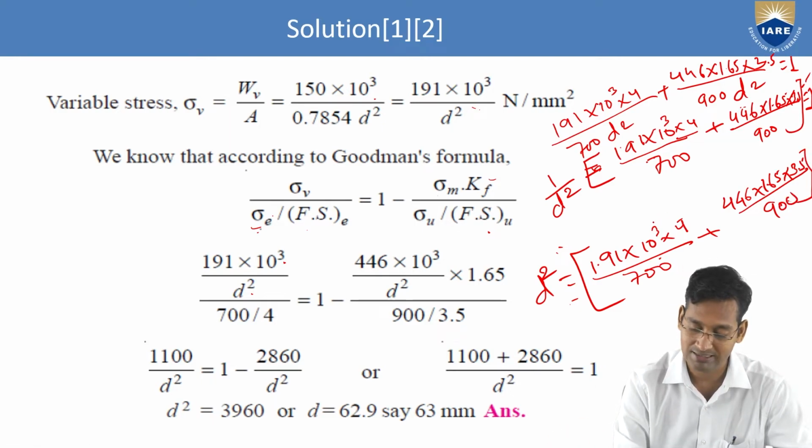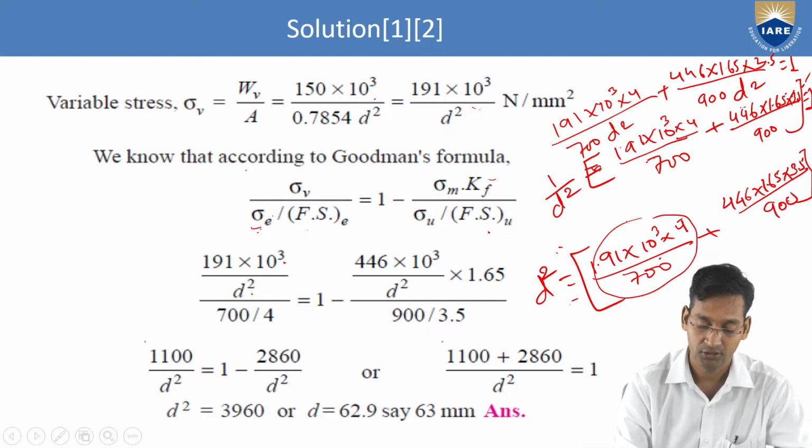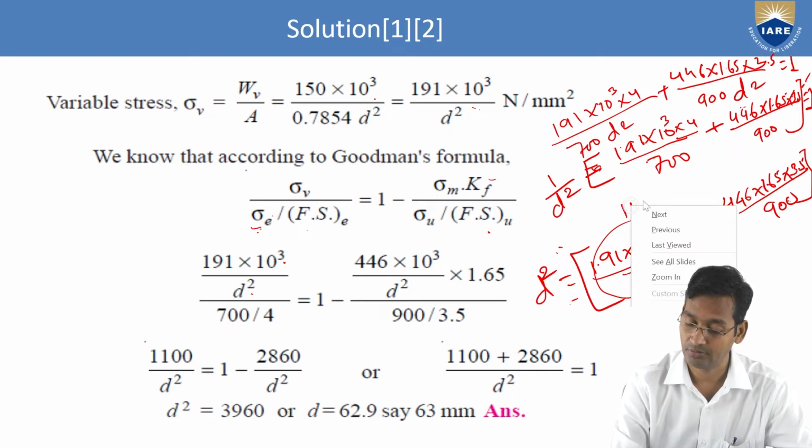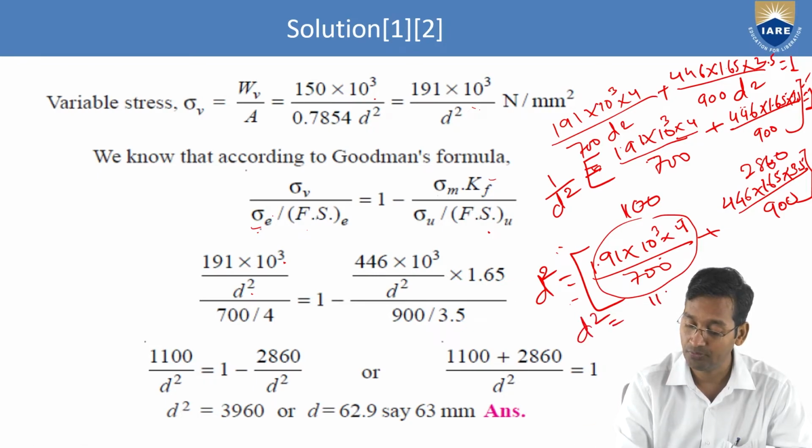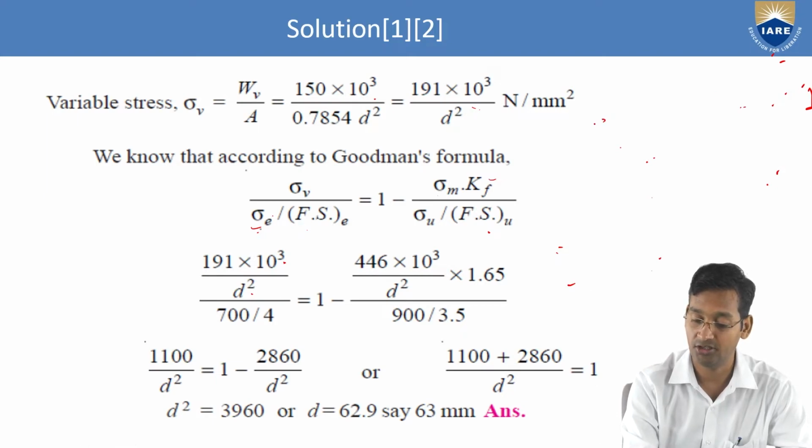So after solving this, you will get how much? 1100, right? After simplifying, this will be 1100, and this will give you 2860, right? So after adding, what you will get? D square equals, from the first term it was 1100, and from the second it is 2860.